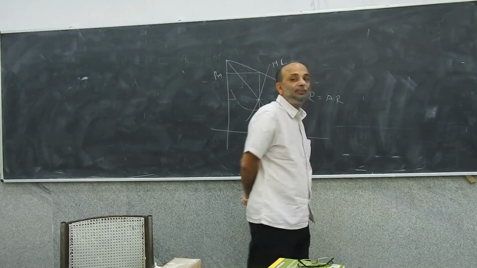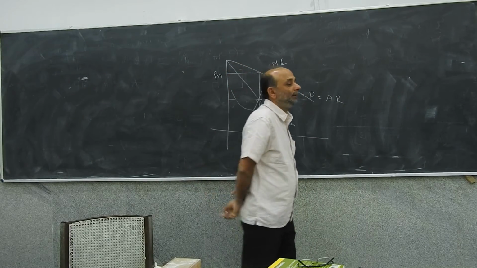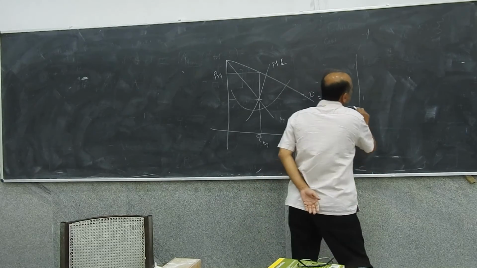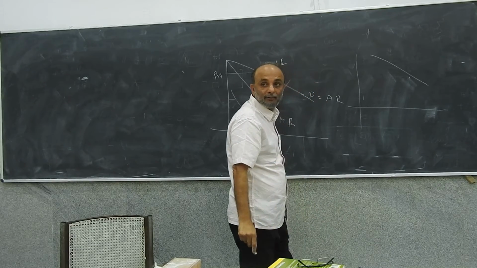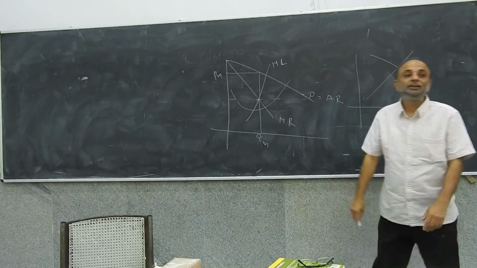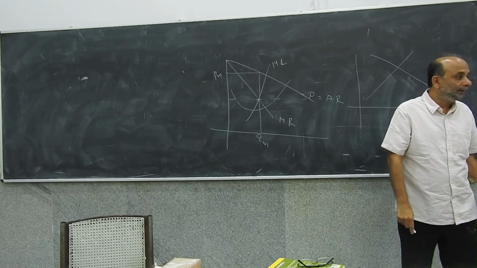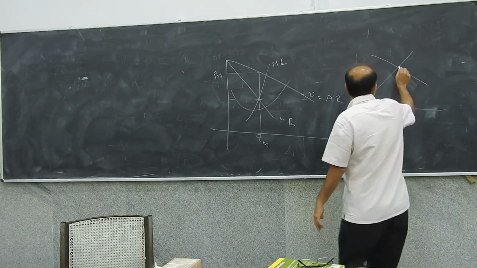This is a difference between a monopoly and a perfectly competitive market. Just think of a perfectly competitive market. This is the demand curve, the same curve as the demand curve. This is the supply curve, which is the marginal cost curve in a competitive economy. So where will be the competitive output?